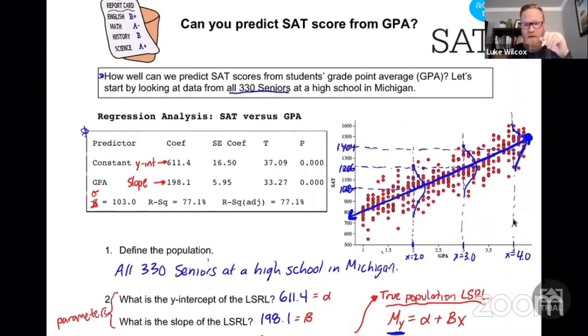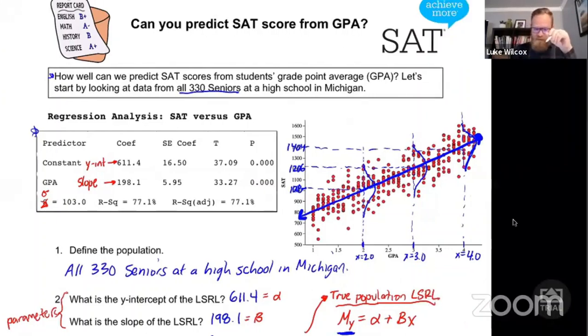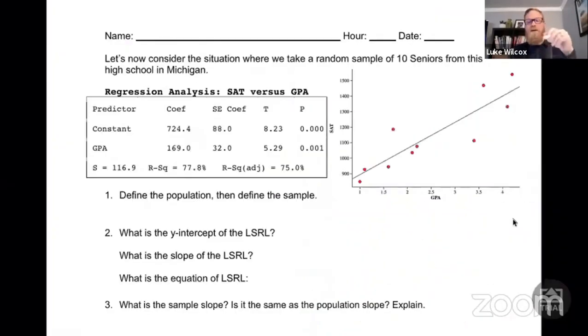We had all 330 seniors. So the next move that we're going to make, if you flip to the next page, we are now going to move into the world where we take a sample from the population, which is much more likely in the real world that we have a sample rather than all of the data from the whole population. So let's see how things change here when we now are taking a sample from the population.